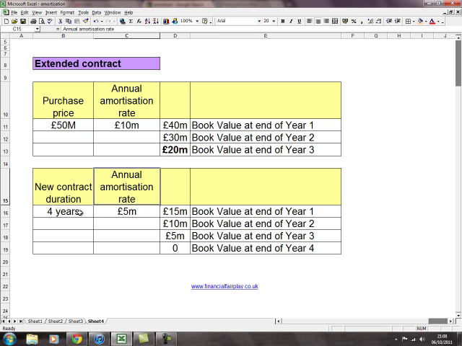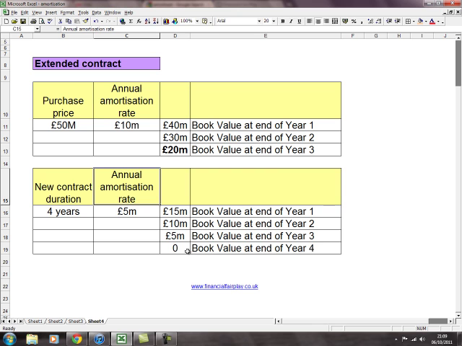What you have to do then is divide the book value by the number of years of the new contract. In this case, it's a 4-year deal, so they'd have to write him off at £5 million a year. At the end of year 1 of this new contract, he'd have a book value of £15 million, and that would continue to write down at £5 million a year until the end of year 4, when he has a 0 book value.